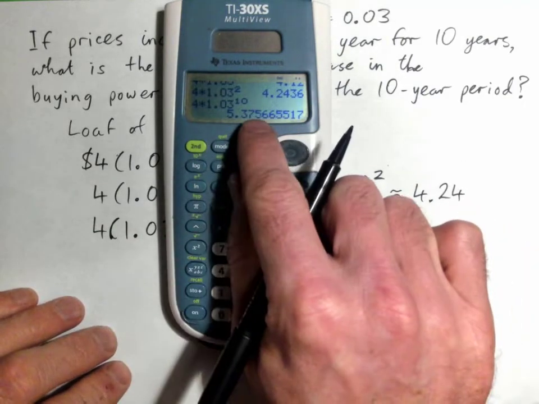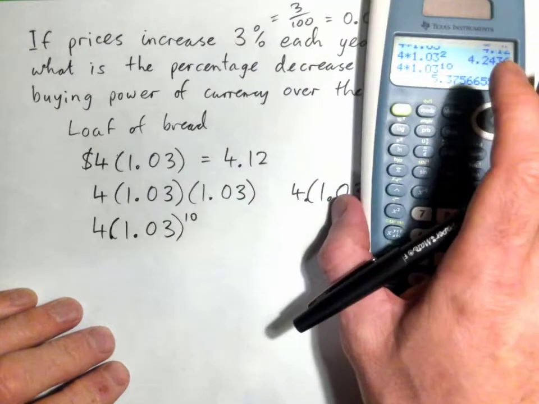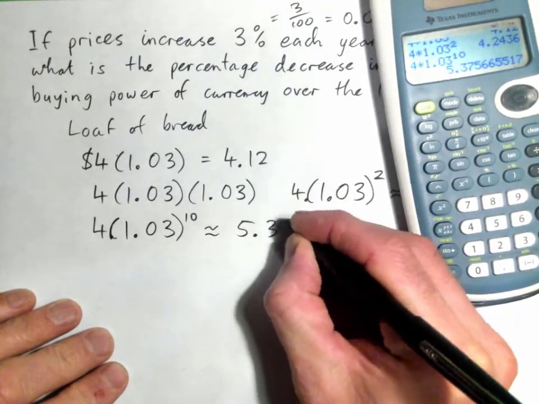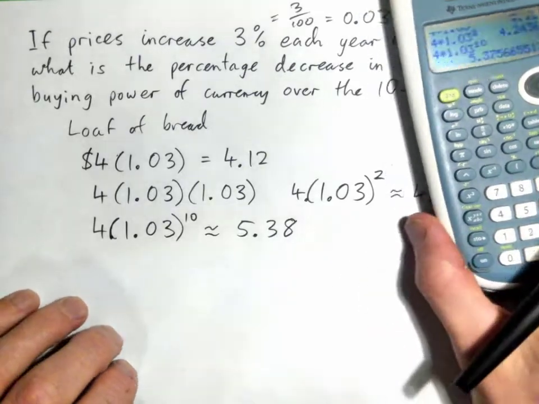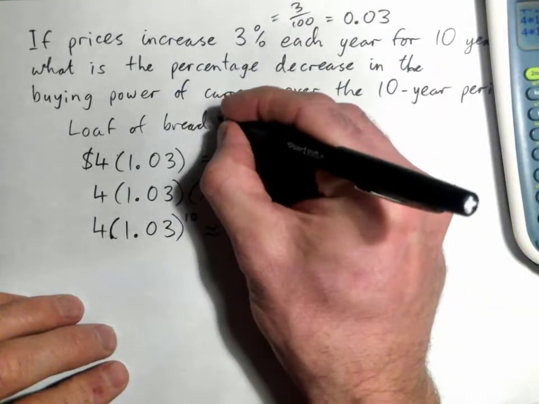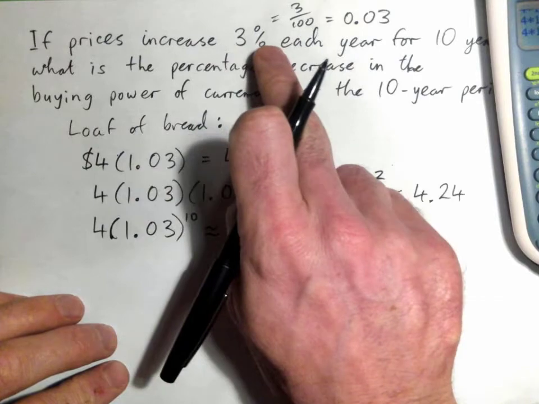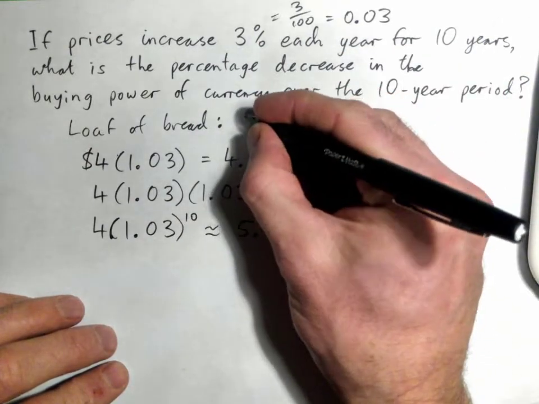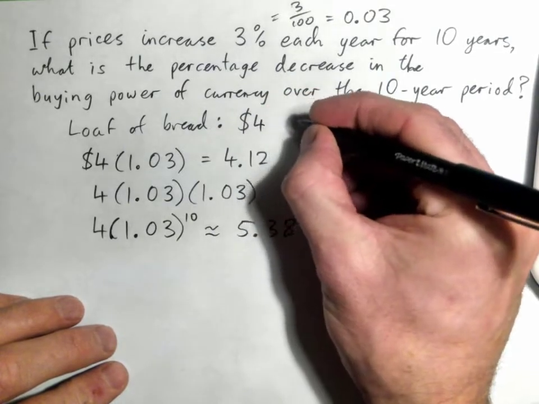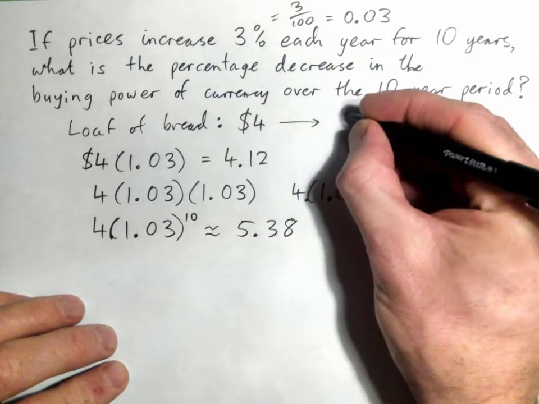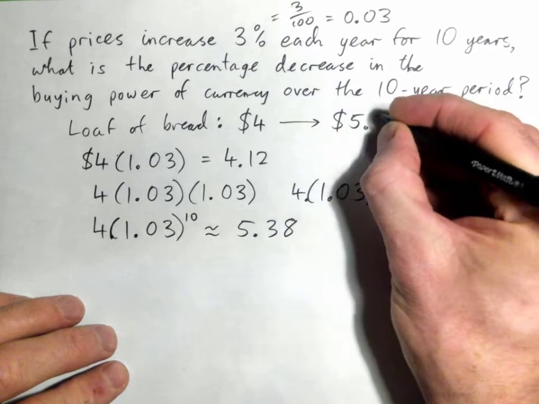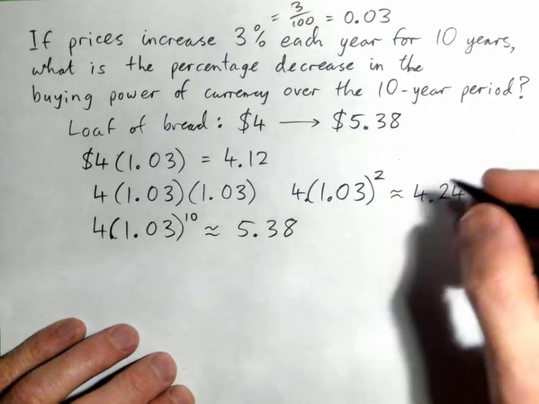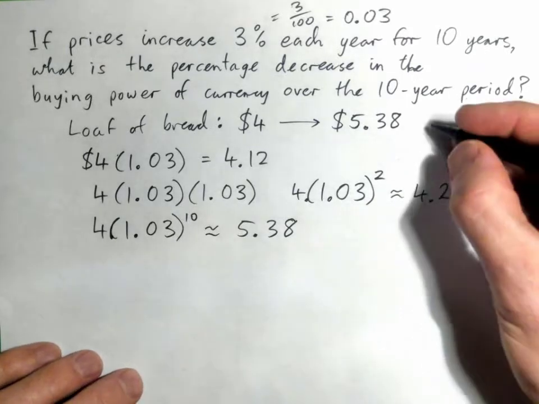See, it's 5.375, so it's around $5.38 after 10 years. So what have I found? My loaf of bread, if prices increase 3% each year, that's an inflation rate of 3%, for 10 years. It'll go from $4 all the way up to $5.38 after 10 years, right? For the same loaf of bread, right? And so here's my loaf of bread.